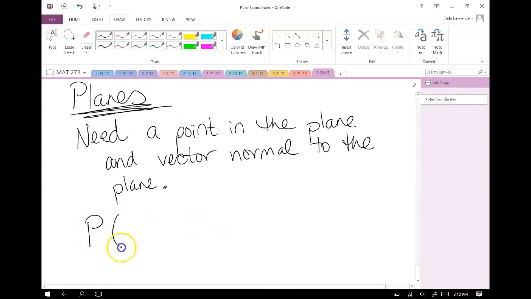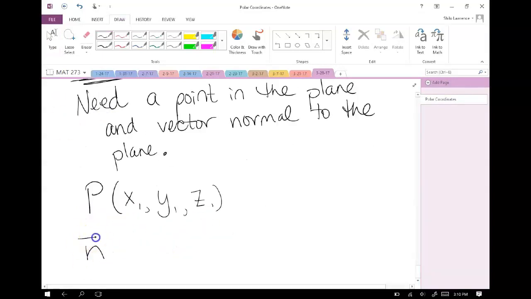So if we have point P, x1, y1, z1, and normal vector n, which has components a, b, c, there are 2 formats for the equation for the plane. They are very closely related. One of them is really just the basic setup, and then the second one is where we just multiply it out.